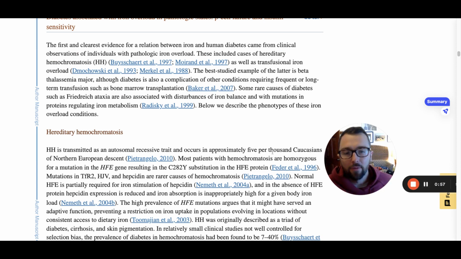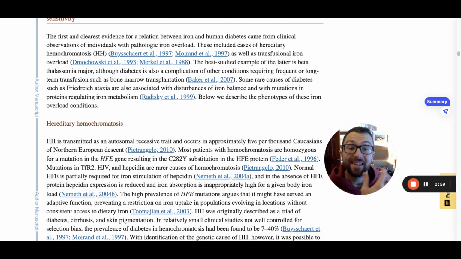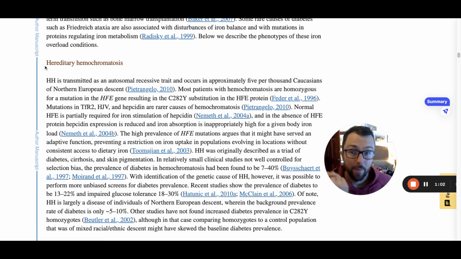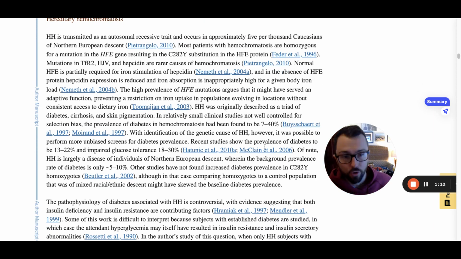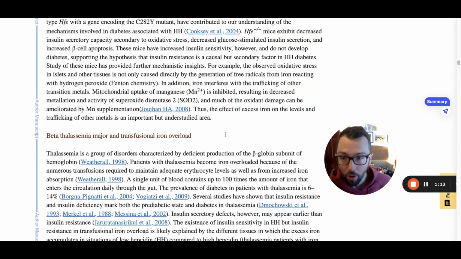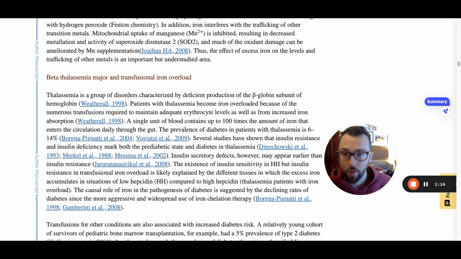And in each paragraph of this paper, they're talking about the different types of iron overload. Like I mentioned before, hereditary hemochromatosis. This is the one that is most covered in the literature. This is a genetic inclination to an overstorage of iron. But there are additional ones, things like beta thalassemia, which has to do with improper blood recycling.